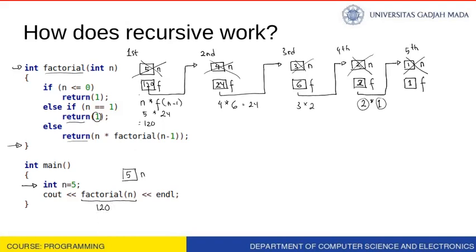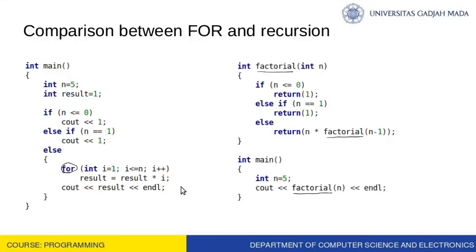Okay, now we go back to the previous slide. As you can see, in the for command we have the initial status of the counter, and then what is the condition, and the increment of the counter.